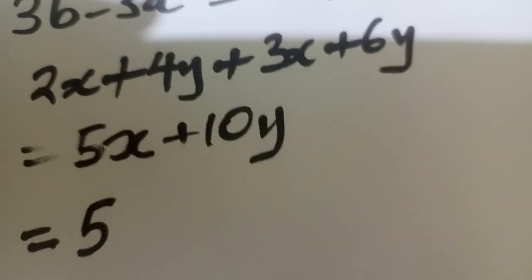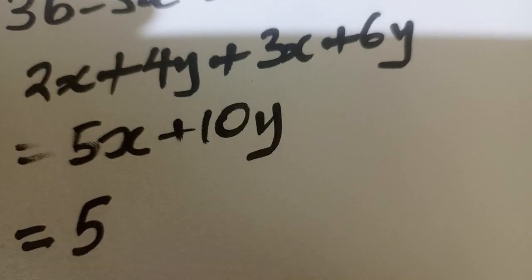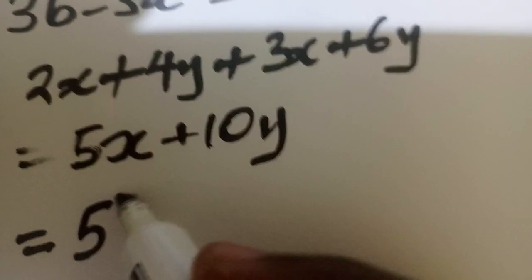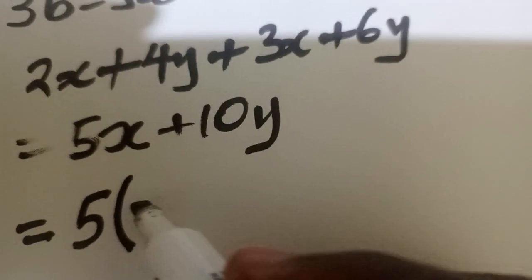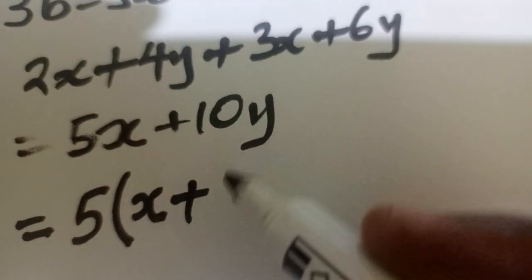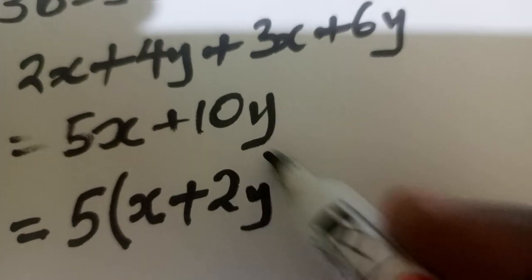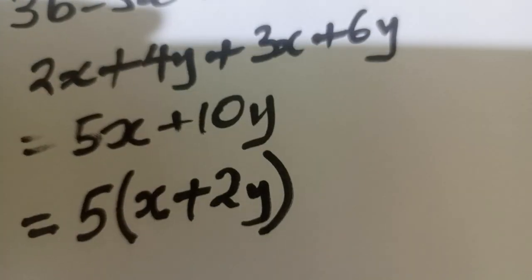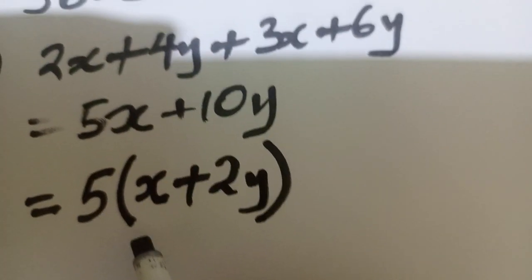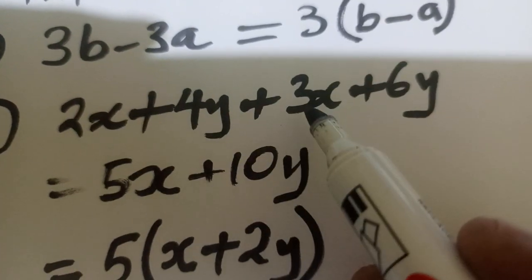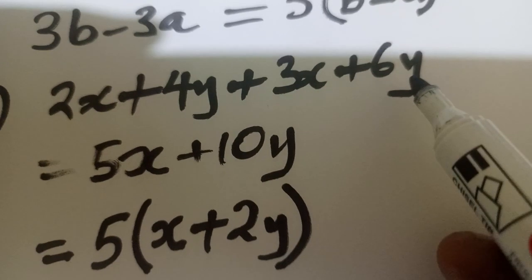So you write that 5 out there, and you ask yourself, is there any other common factor? There is none, so we are free to introduce our bracket, and in there we remain with x, and of course in place of the next term we have 2y. So this is the factorized form of our 2x plus 4y plus 3x plus 6y.